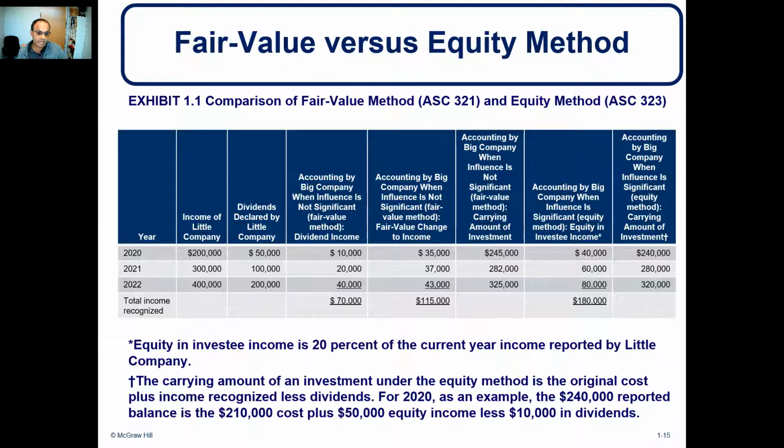Then we get the second one, 280, and the third year we get 320. So here we use the initial investment in this column plus the portion of the net income minus the portion of the dividends. Let me repeat it again.